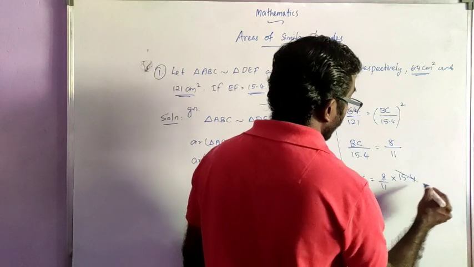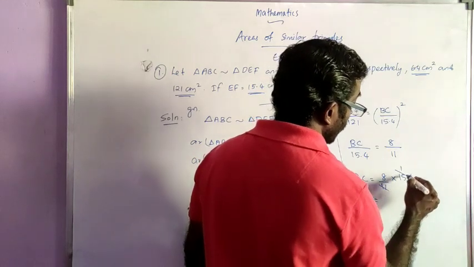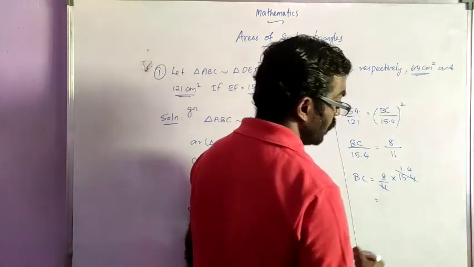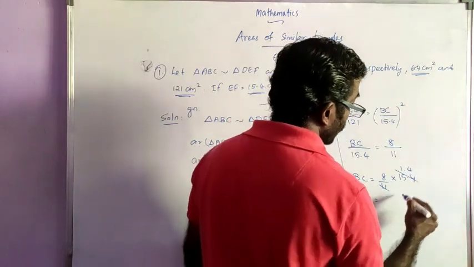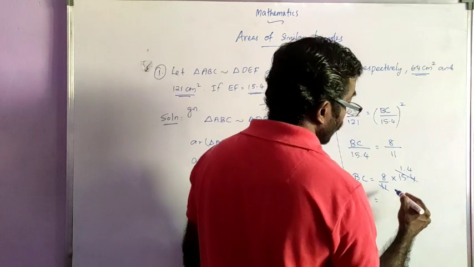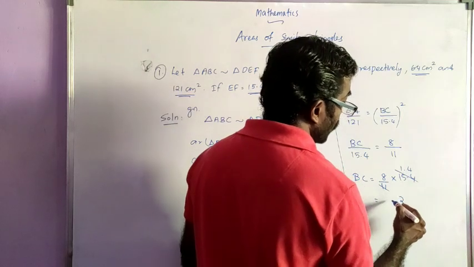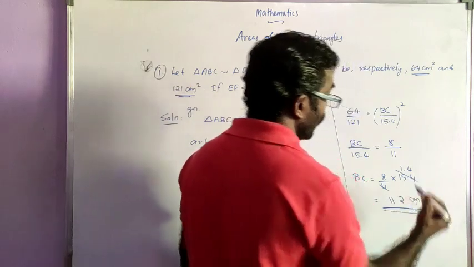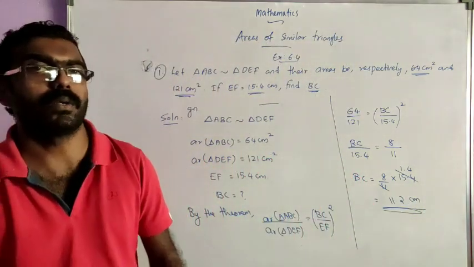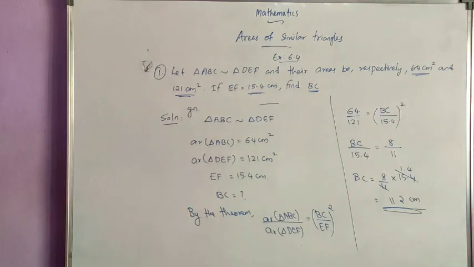We can cancel 15.4 by 11. 1 11 is 11, then 0.4 11s are 44, so 1.4. 8 into 1.4: 8 4s are 32, 3 balance; 1 8 is 8, 8 plus 3, 11. So 11.2 centimeter. BC equal to 11.2 centimeter.